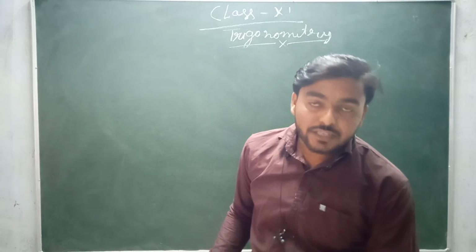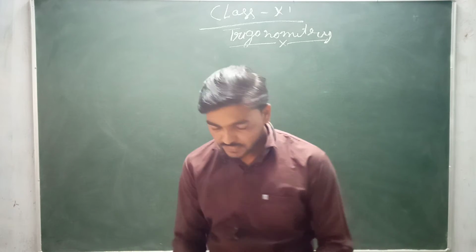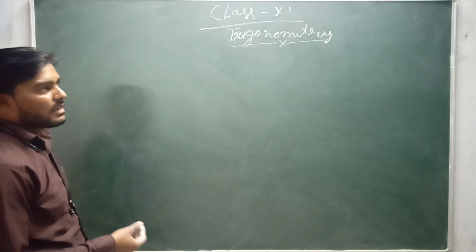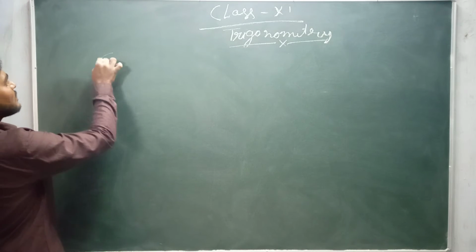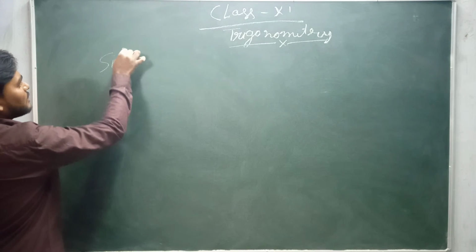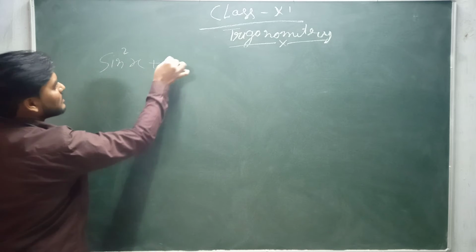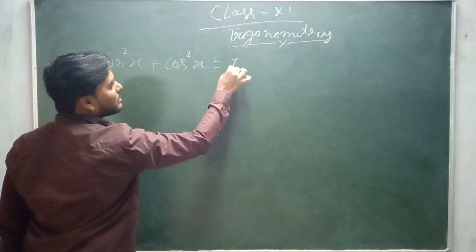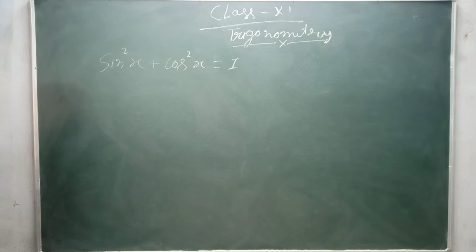There is also a relation among the trigonometric functions in the form of some identities. I am writing those identities: sin square x plus cos square x equals 1.